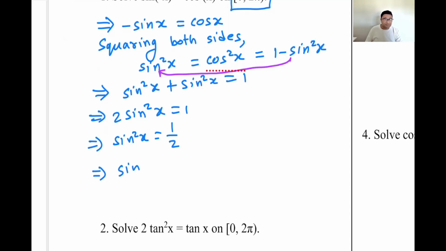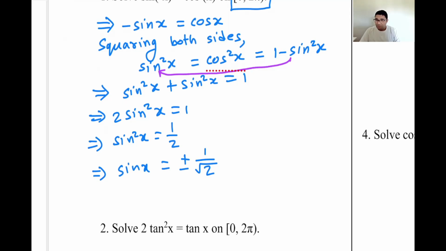So don't think of sine 30 degrees or pi over 6, because that is sine square x. Sine x is plus or minus the square root of 1 over the square root of 2. Take the square root on both sides. So two possibilities: sin x equals 1 over root 2 and sin x equals minus 1 over root 2.